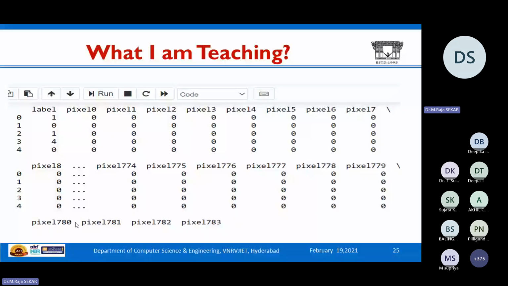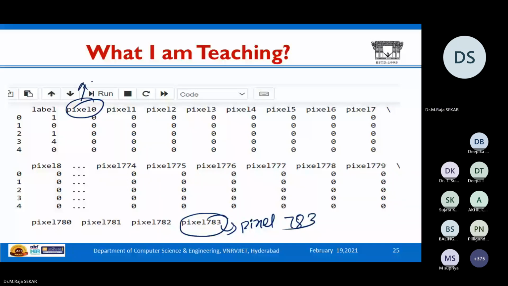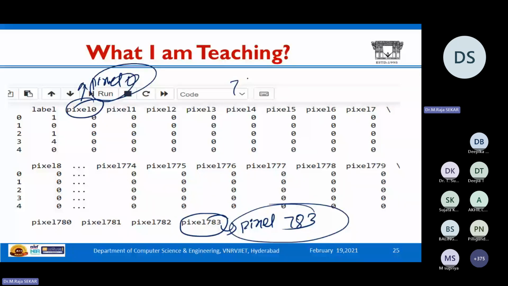If you observe carefully, you are getting from pixel 0 to pixel 783. Pixel 0 to pixel 783 means totally how many pixels? 784, isn't it?